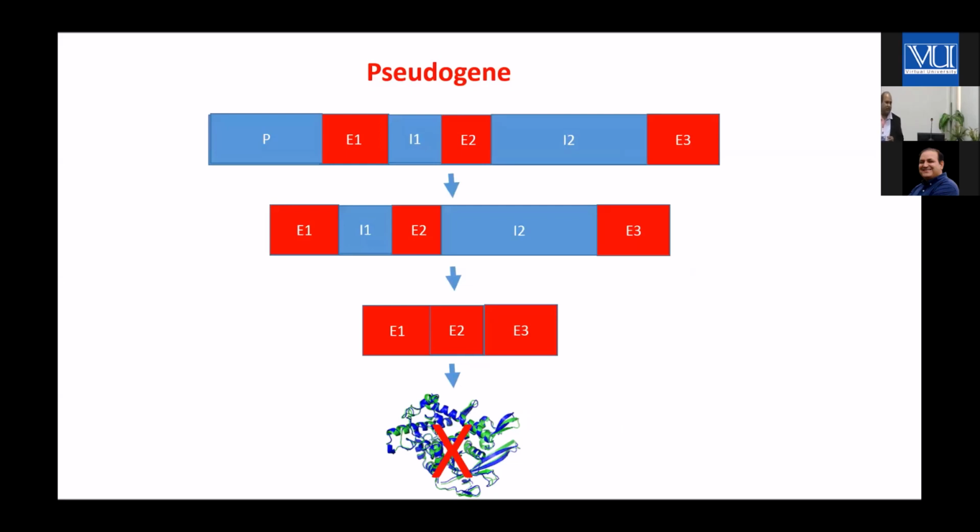Somehow proteins are not formed in the more canonical way. Of course, there are certainly non-canonical types of pseudogenes also, but I'm talking about canonical types. Proteins are not formed, and because proteins are not formed, we say that these pseudogenes can't perform the function as such. So they are no longer functional.